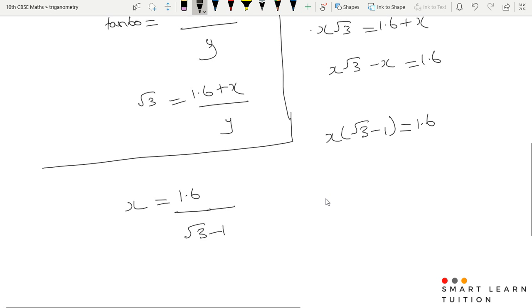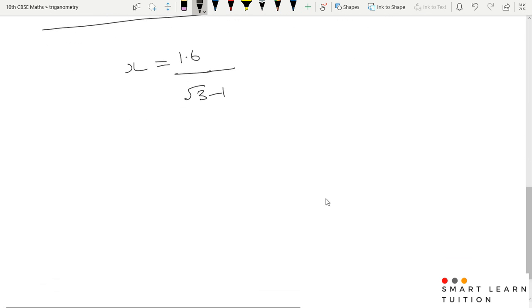Since the denominator has a root, we will multiply in numerator and denominator.